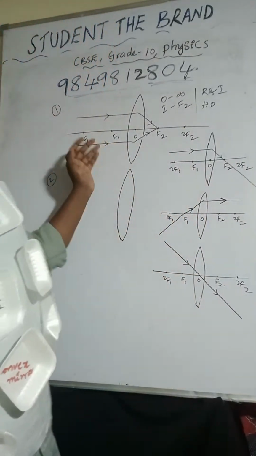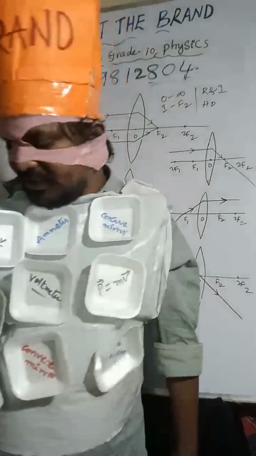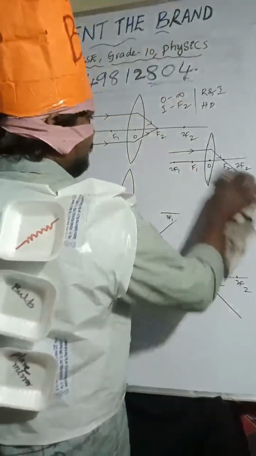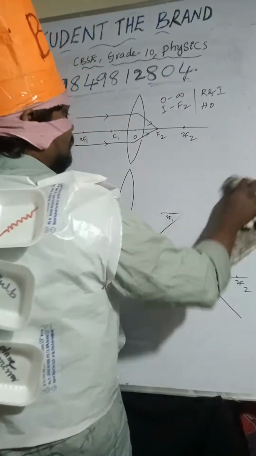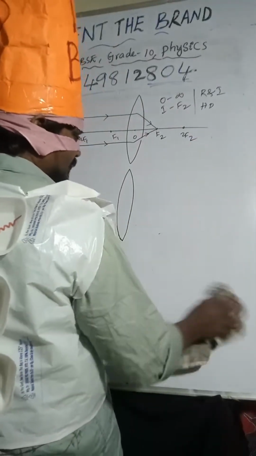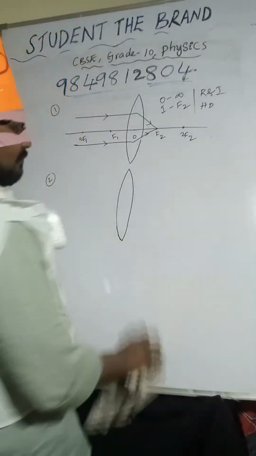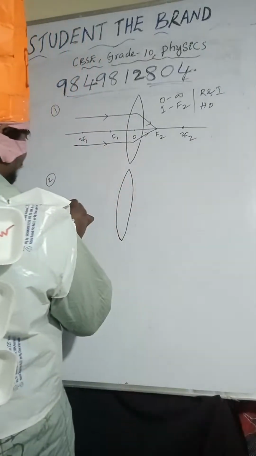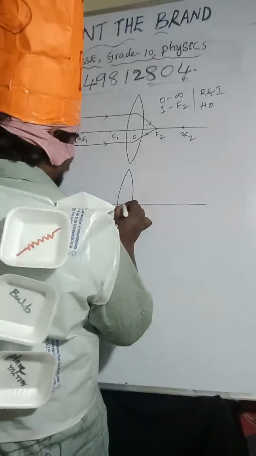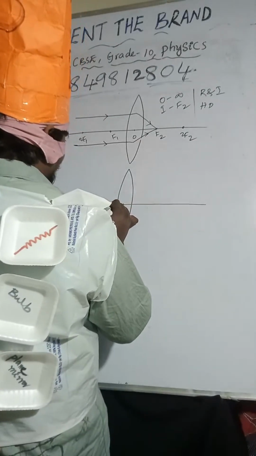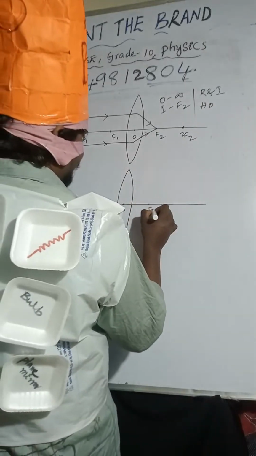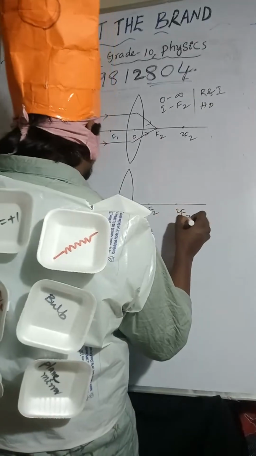Now we will discuss image formations of the convex lens. Now you can take here the optic center, F1, 2F1, F2, 2F2.